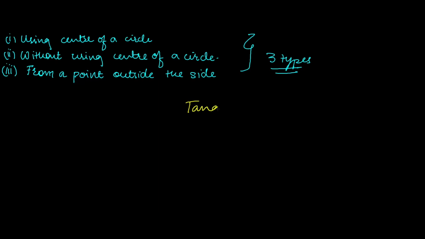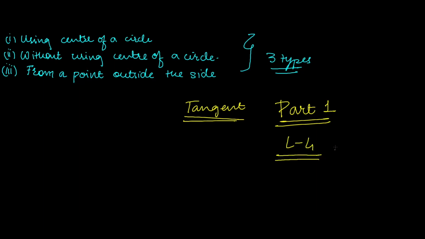So we are going to learn what a tangent is and how to construct a tangent. If you remember, in part 1 of geometric construction, lesson number 4, I have told you what a tangent is. A tangent is a line that touches a point on the circle. It is a line segment.